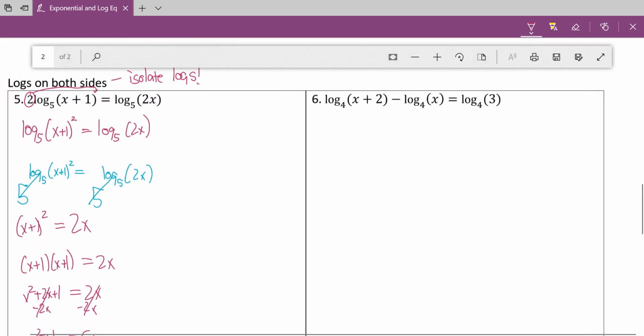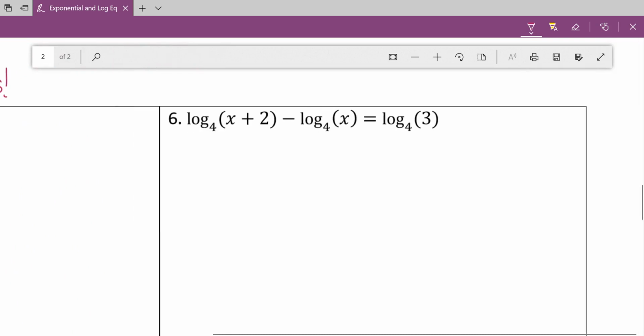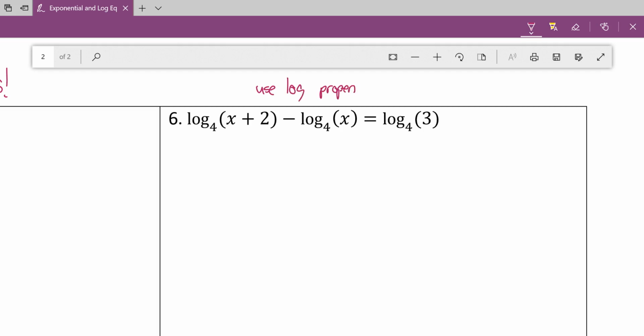Alright, and then the last one we have is log base 4 of x plus 2 minus log base 4 of x equals log base 4 of 3. And again, we're going to use log properties to get one log on each side.